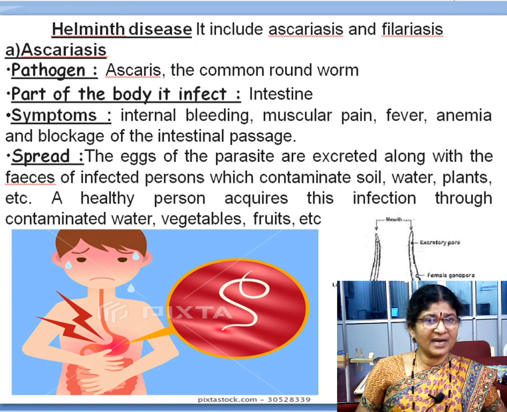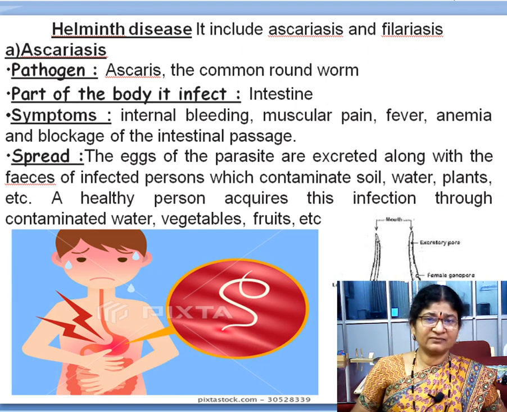Which part of the body will mainly get infected? It is the intestine. What are the symptoms? Internal bleeding inside, as the parasite resides, muscular pain, fever, anemia, and blockage of the intestinal passage.